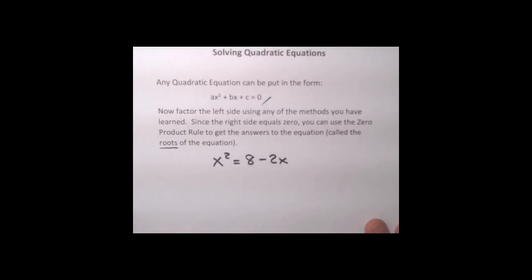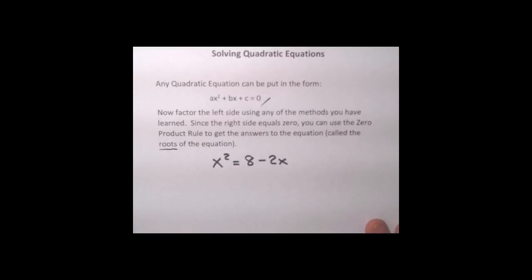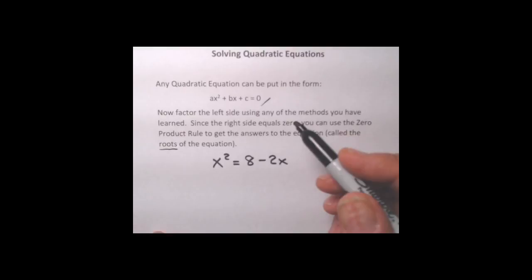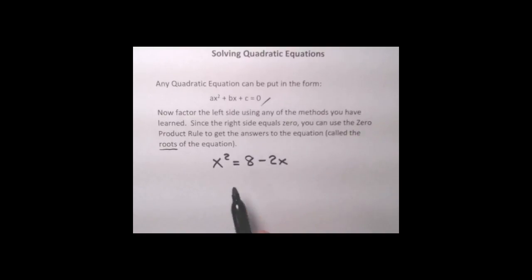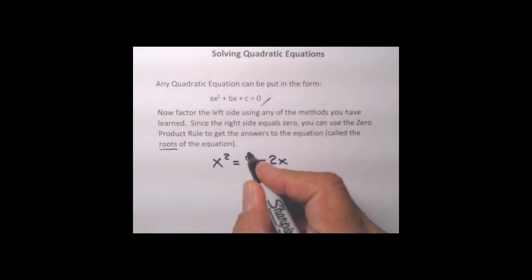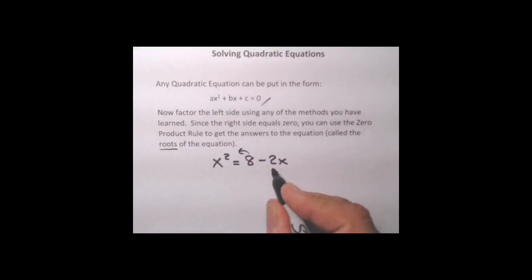Okay, well, let's demonstrate to you how this works with a beginning example. We have an x squared term. That means it's a quadratic. First thing you do is you move everybody over to the left, so you have a 0 on the right. So if I do that, the x squared was over here already.